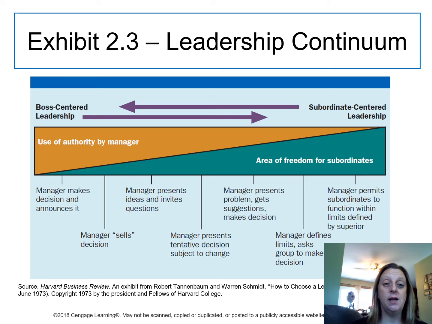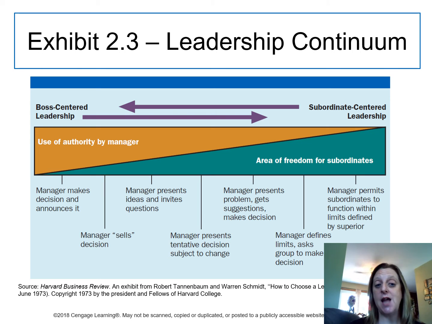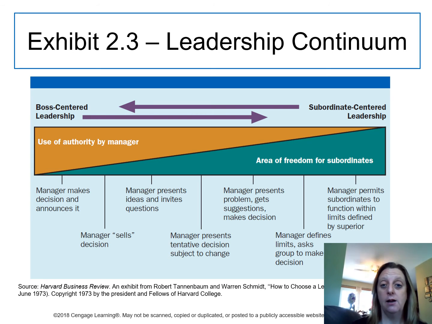And there could be a third or other kinds of leaders that are more of a mix of these two styles. So maybe it's not one or the other, right? This slide shows an illustration of what this behavior approach might look like, where leadership is on a continuum.